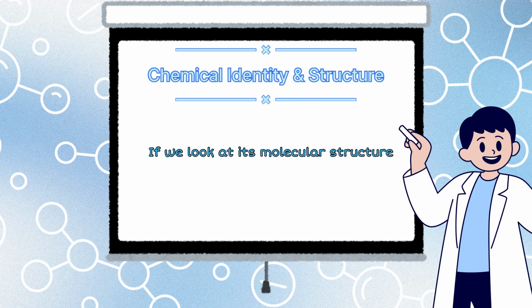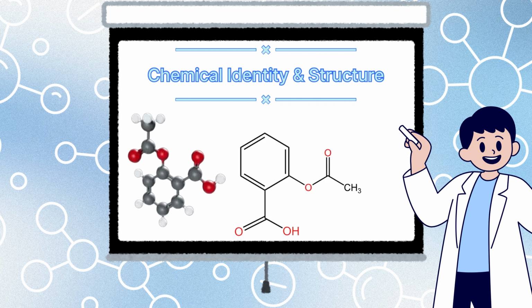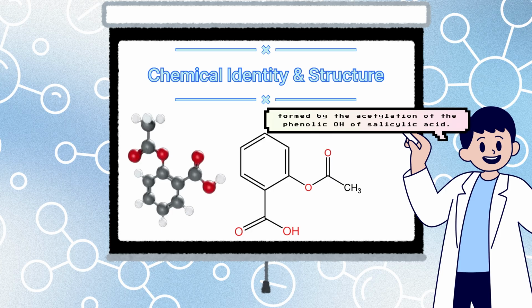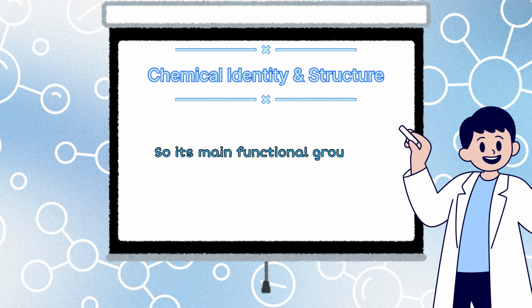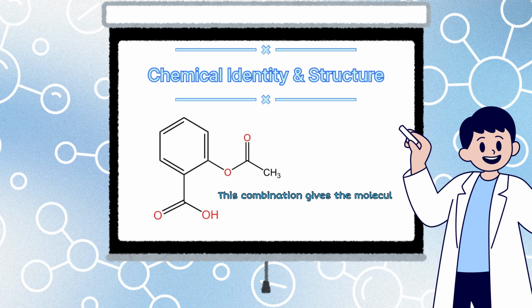If we look at its molecular structure, aspirin contains a benzene ring, a carboxylic acid group, COOH, an ester group, OCOCH3, formed by the acetylation of the phenolic OH of salicylic acid. So its main functional groups are aromatic ring, carboxylic acid, and ester. This combination gives the molecule its distinctive chemical and pharmacological properties.